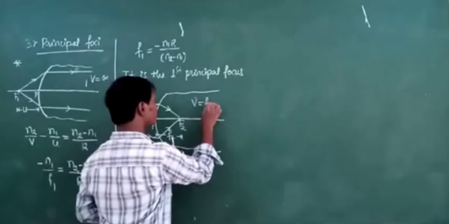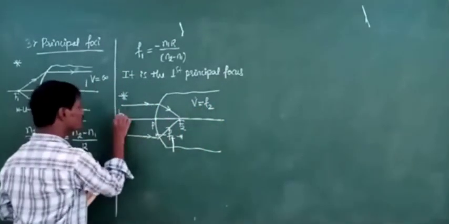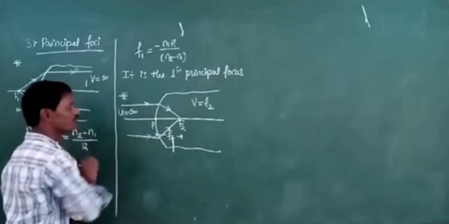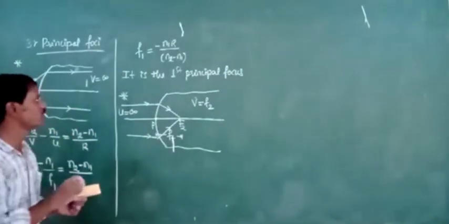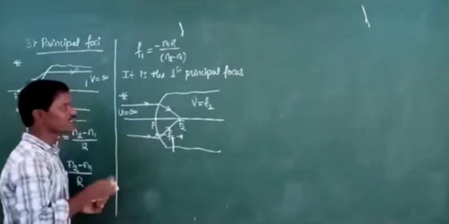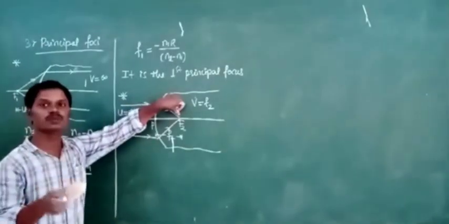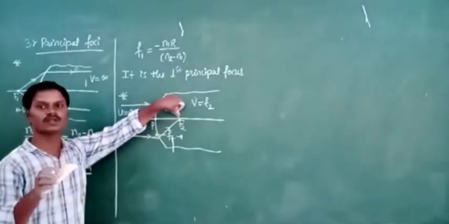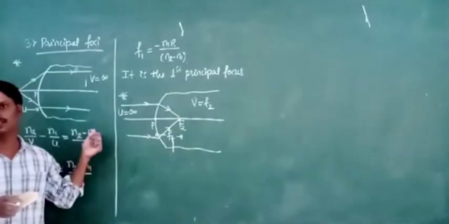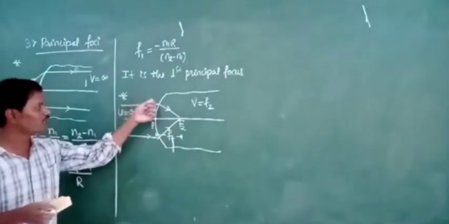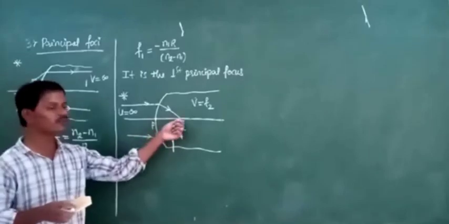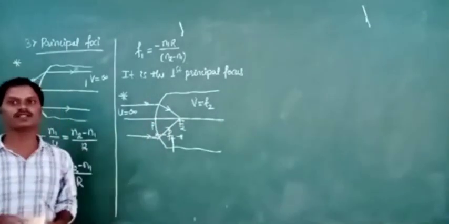V is nothing but f2. But what about u? U is infinity, because the object is at infinity. So the second principal focus is the position of the image of the object when the object is at infinity. After refraction, where the refracted rays meet, at that position the image will be formed.